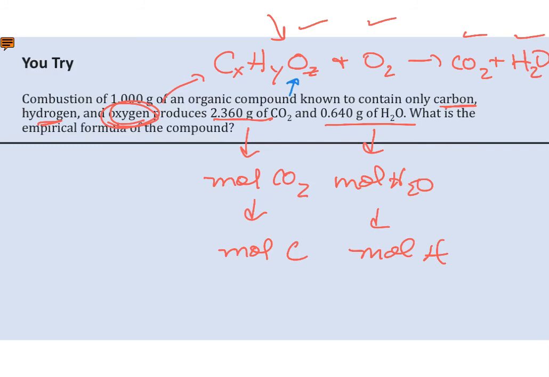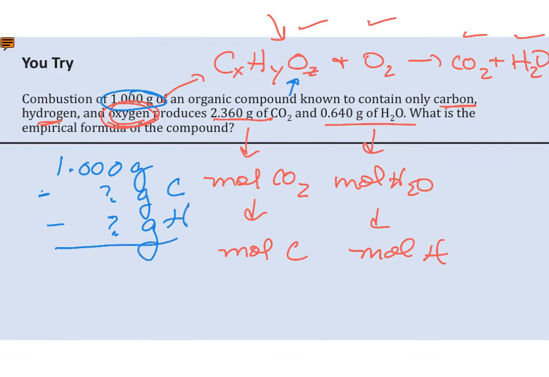So what you need to start with is to be aware of how much the mass of the total fuel was, 100 grams, right? So if we can figure out the mass contributed from carbon, right, and the mass contributed from hydrogen, then what's going to be left over is the mass contributed by oxygen.